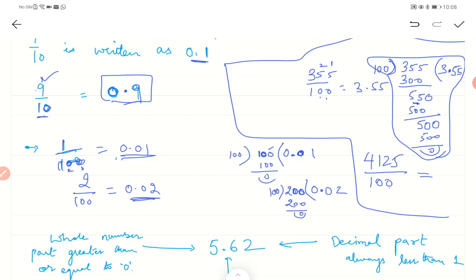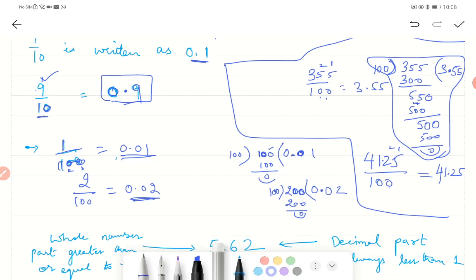So since you have 2 zeros, you need to place a point after two digits. You need to count from right to left. So 1, 2. So my point will come here. This is 41.25. Okay. Similarly, now tell me, what if I have 1000 in the denominator?